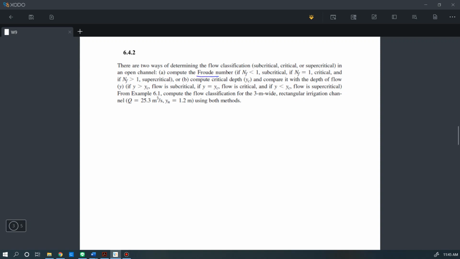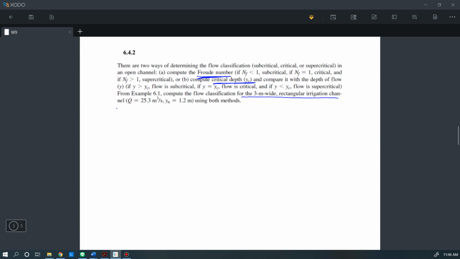One is the flow number, and one is to calculate the critical depth and compare it with the normal depth of the current flow in the channel to see whether it is a supercritical flow or a subcritical flow. This problem asks us to use these two different methods to classify the flow condition.